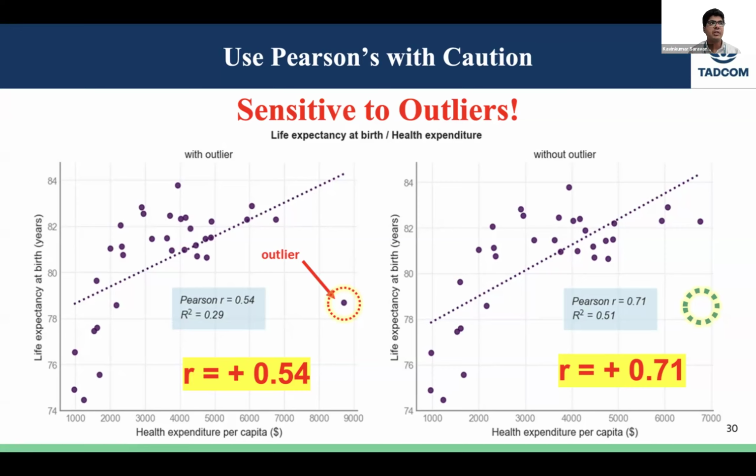So if there are any gross outliers, we tend to remove them, or we use some other statistical technique to include the outlier in the analysis. Preferably we remove the outliers. Hence, in this second graph they have removed the outlier and tested the correlation. You can see nearly 17 to 20 points the correlation has improved.